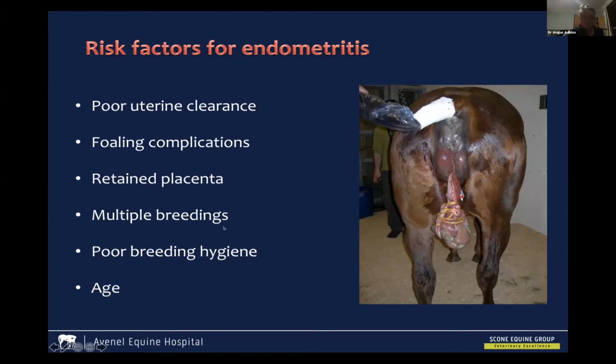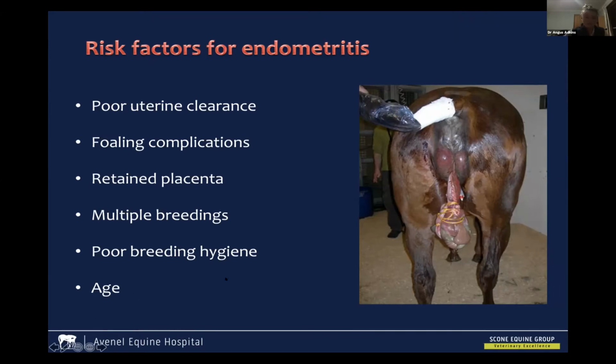Obviously, most mares will clear that normal post-breeding inflammation quite swiftly within about 72 hours. But in a subset of mares that are at risk of this condition, multiple breedings on the same heat is associated with more persistent inflammation, which isn't always readily cleared, and if it's not treated, can progress to subfertility and reduced pregnancy rates.